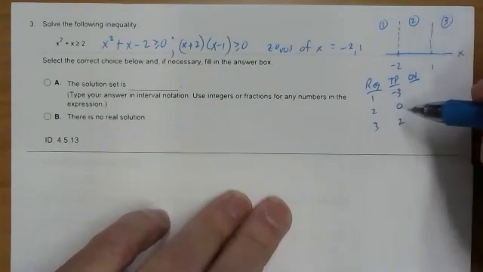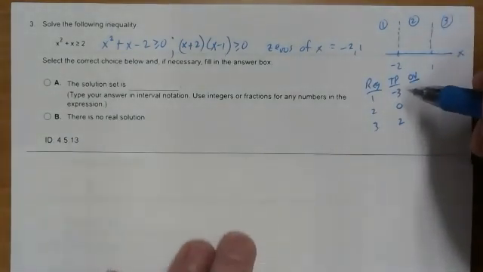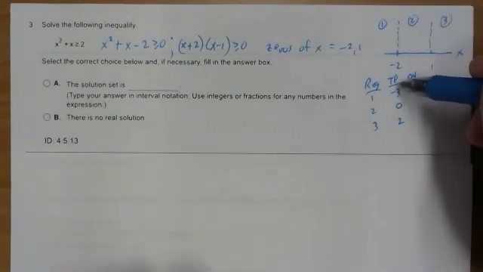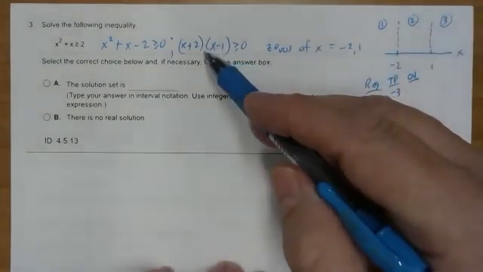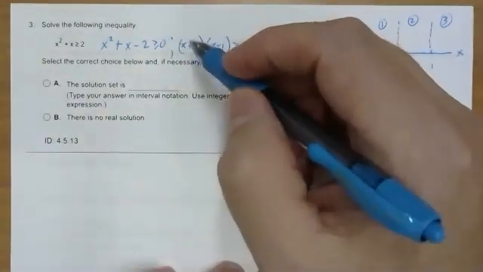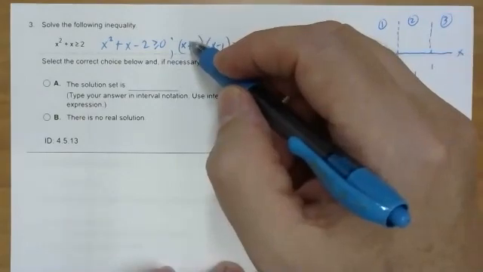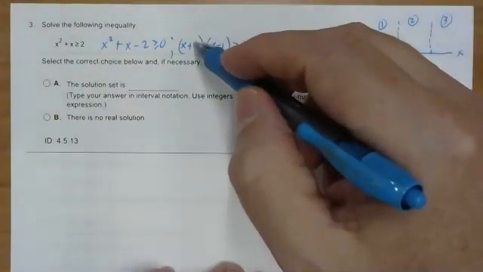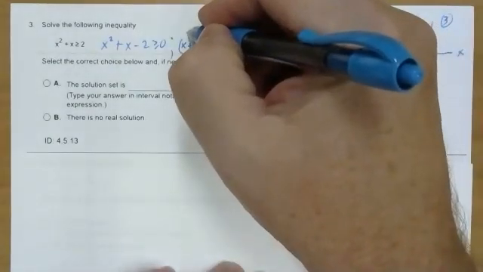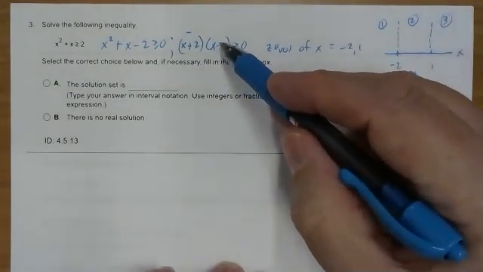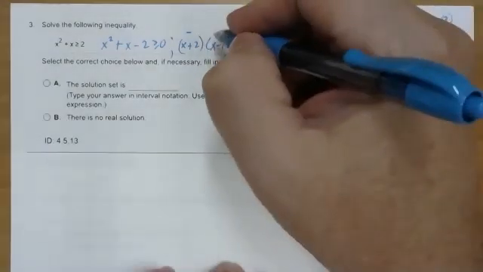In each of these regions, I'm going to use this test point to determine whether that region is a positive or negative region. The way you do it is, you take your test point, go back here, and plug -3 in for x. I don't really care about the number, I care about the sign. When I plug in -3 for x, -3 plus 2 is -1. This first parenthesis is negative. When I plug in -3 here, -3 minus 1 is -4.